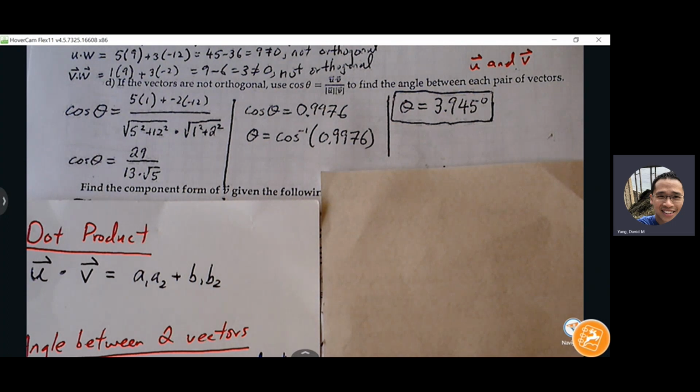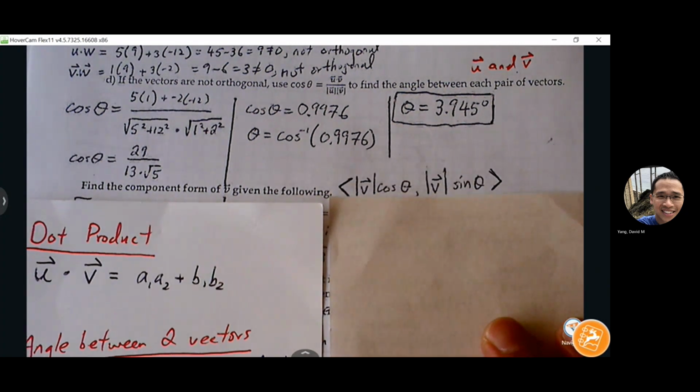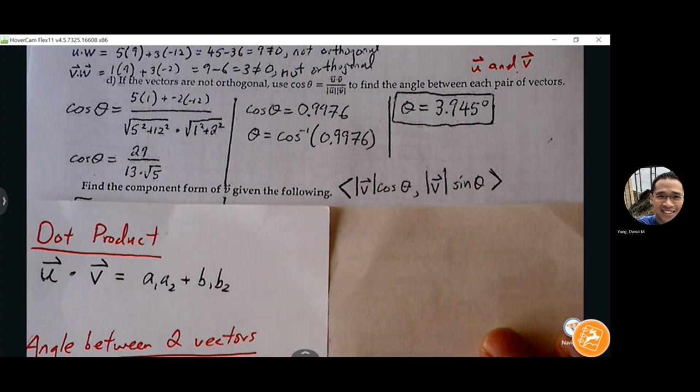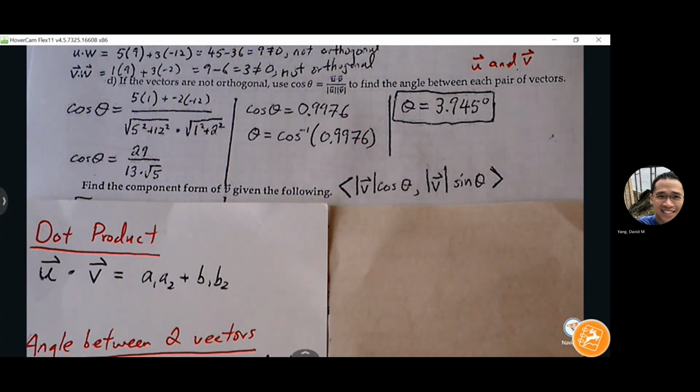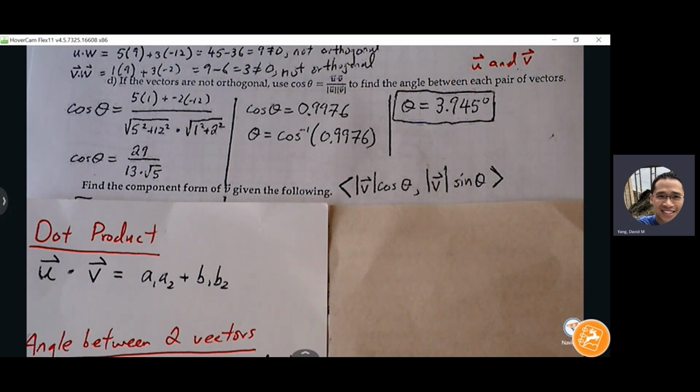Theta is 3.945 degrees. Right, any questions with number 8?